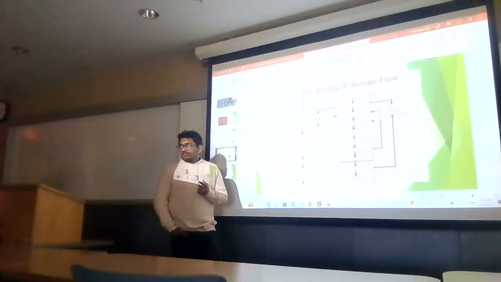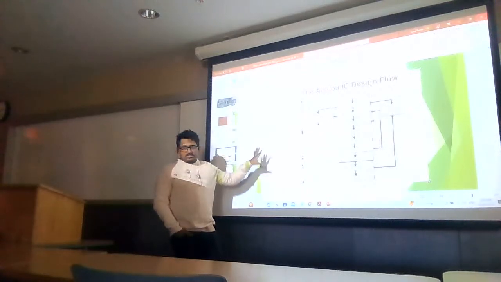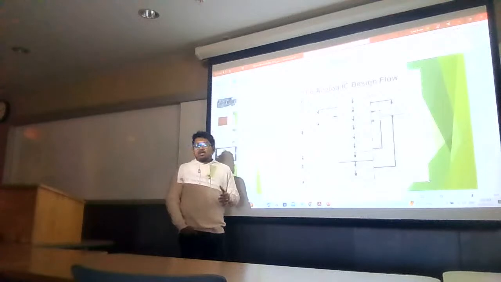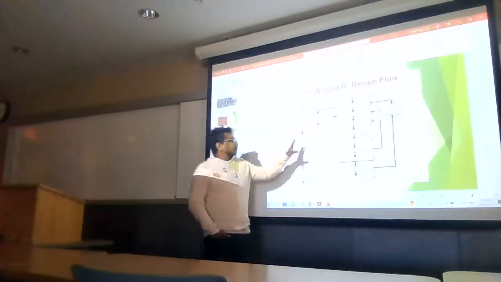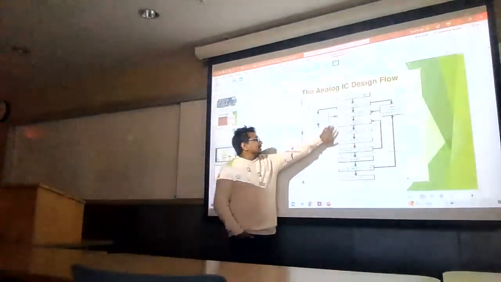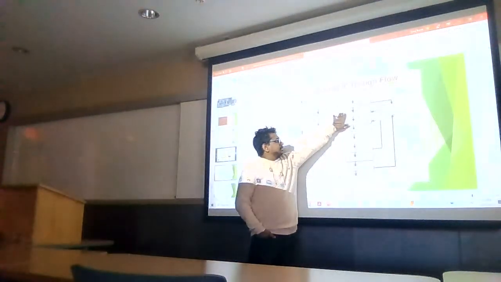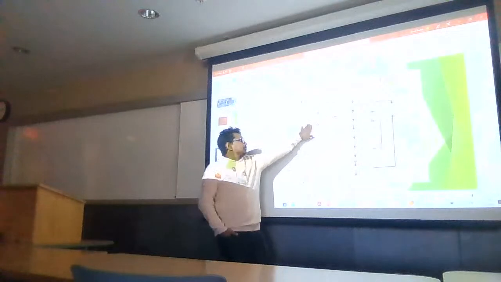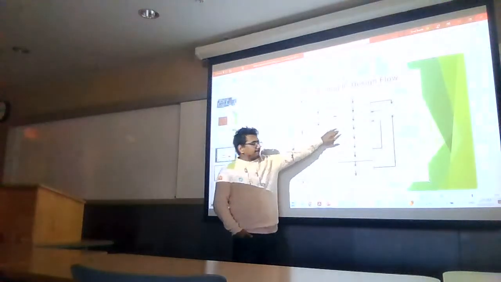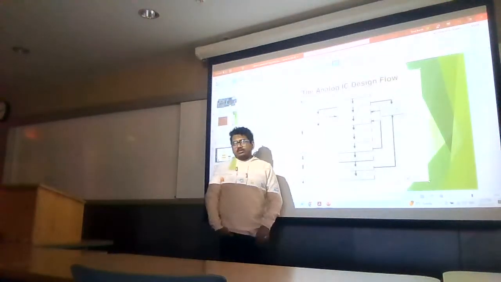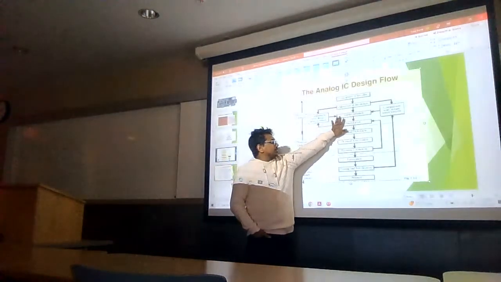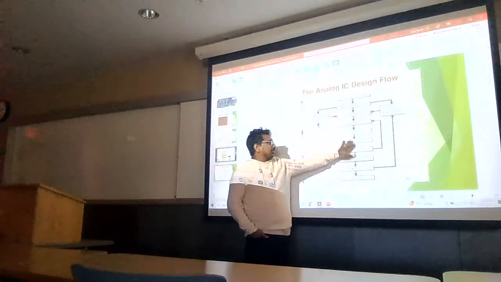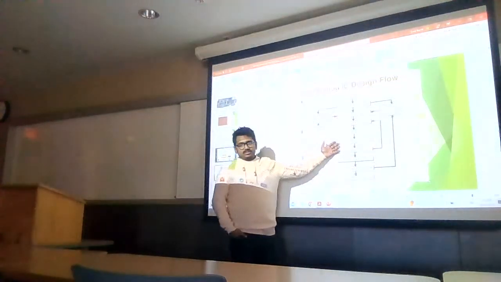Let's say for a two-stage op-amp, there are a couple of specifications and architectures, and they choose which architecture to use. Based on the specification, they implement the design and run a couple of simulations. This simulation is known as pre-layout simulation. After pre-layout simulation, if they agree, only then do they go for physical design.